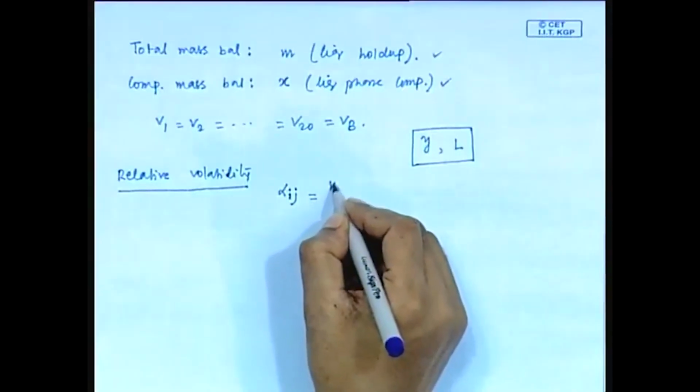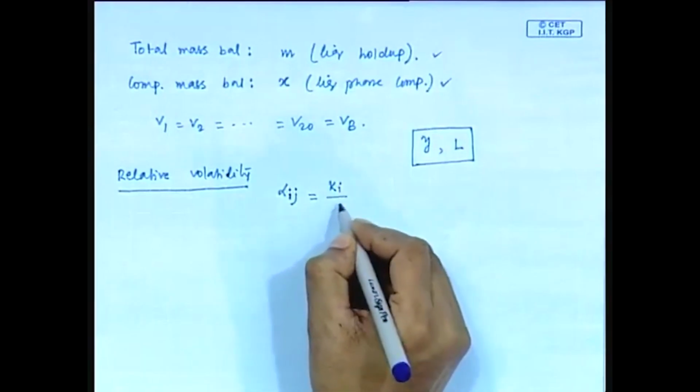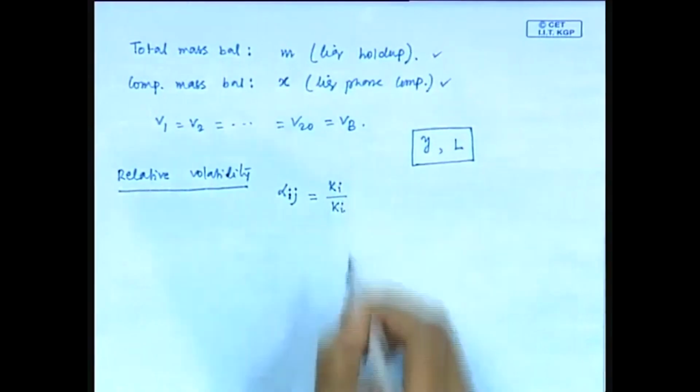Alpha ij is related with K by this way: alpha ij equals to Ki divided by Kj.